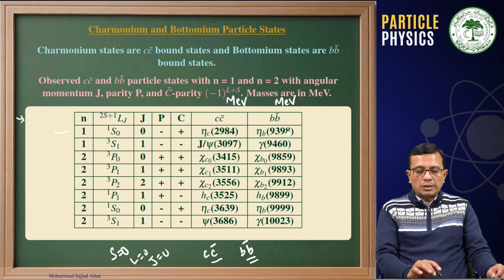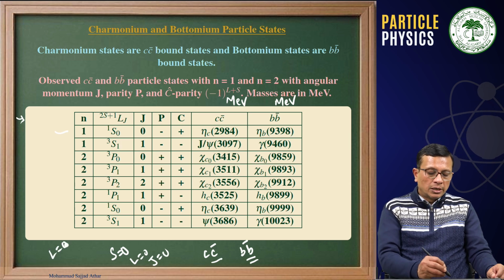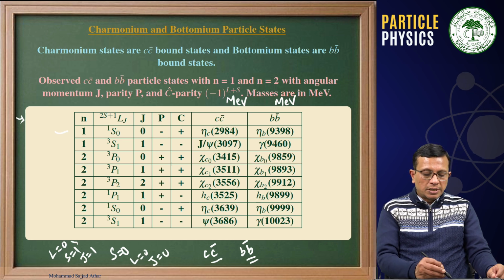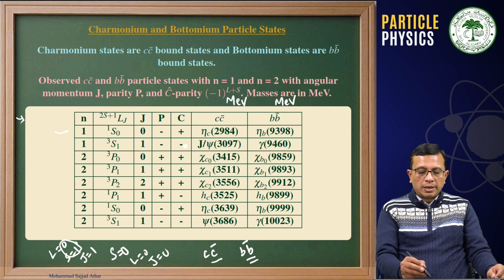Similarly, if you talk about S is equal to 1, still your L is equal to 0. That means your J is equal to 1. And then using this (-1)^(L+S), you see that this is 1, this is odd. Similarly, you have obtained parity.